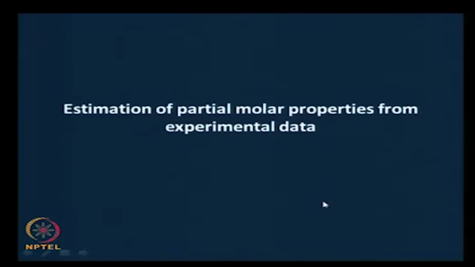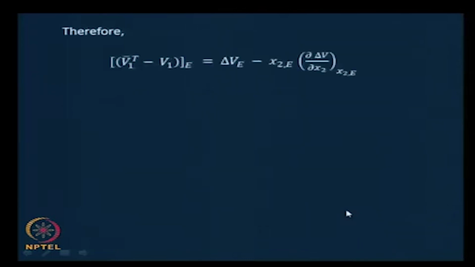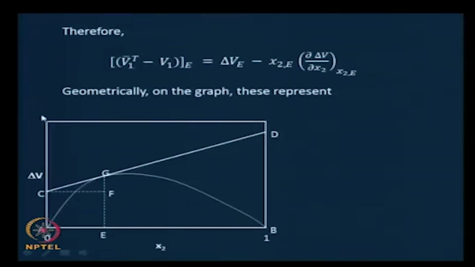And then we also saw how to estimate partial molar properties from experimental data. We saw that from mixing experiments, which can be represented as change in volume with a certain mole fraction, you get a curve like this, and if you are interested in the partial molar volume at E, then you take this point on the curve at E and draw a tangent to the point there.